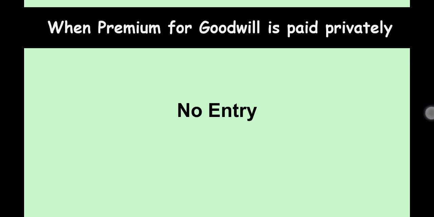Next, when premium for goodwill is brought in cash by incoming partner and is retained in the business. Here, partner is bringing premium for goodwill, and that amount the old partners are keeping and using in the business itself.